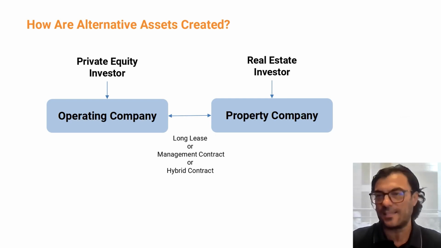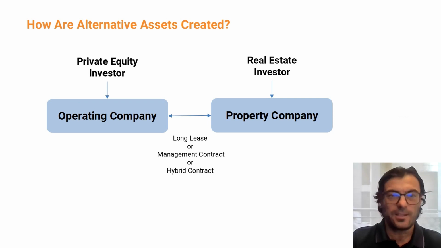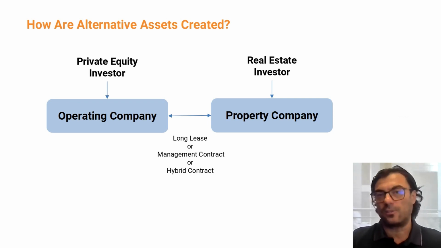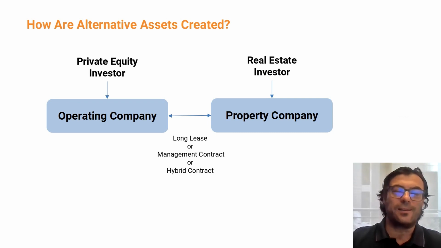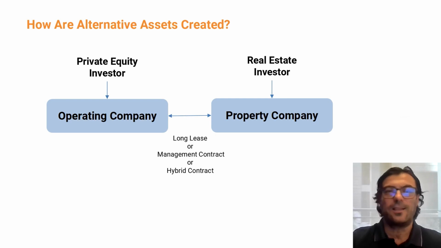They want an asset-light model. Real estate investors, conversely, will want exposure to the asset and to generate a steady stream of income. So because there are two sets of investors with two different requirements, the model can be created.